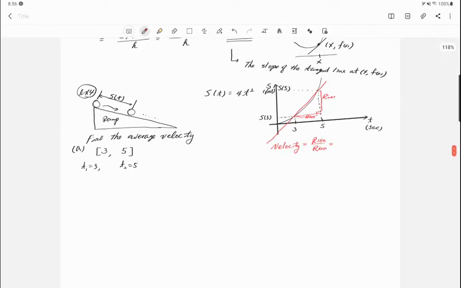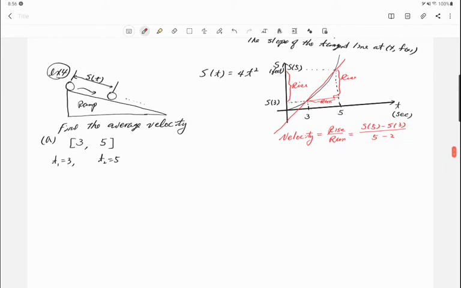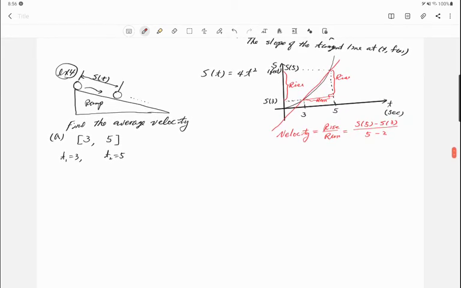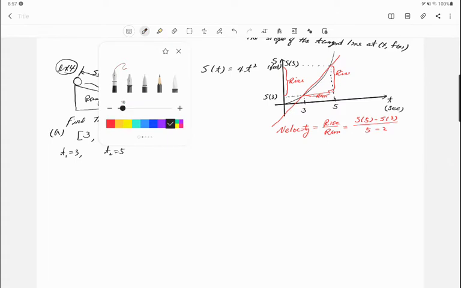That is s of 5 minus this distance, that is the rise, minus s of 3, over the run. What is the run? 5 minus 3. So this will give us the average velocity. Okay, let me write it here.